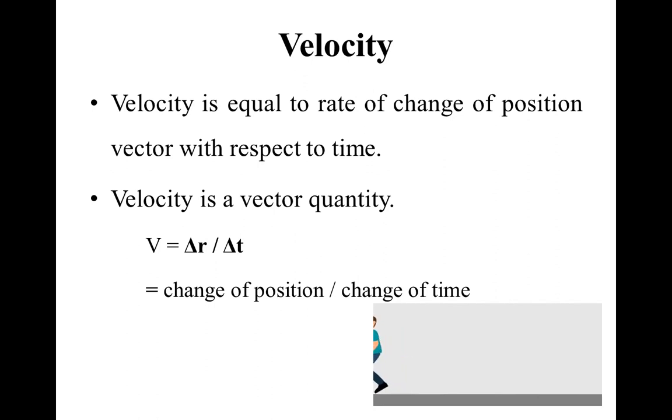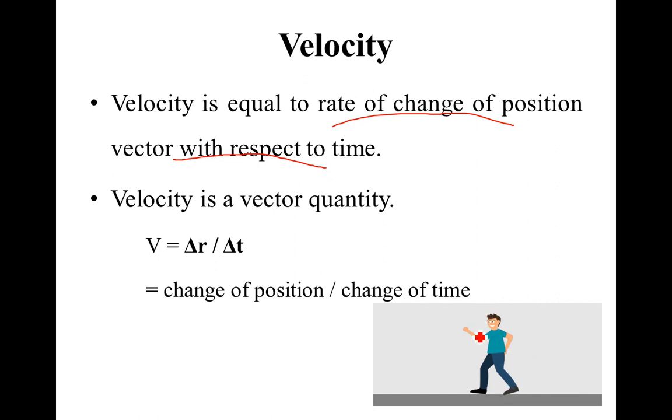So how fast the object moves and how much time it takes, this is velocity. It is a vector quantity and can also be given as the rate of change of position with respect to time, as displacement is the change in position.